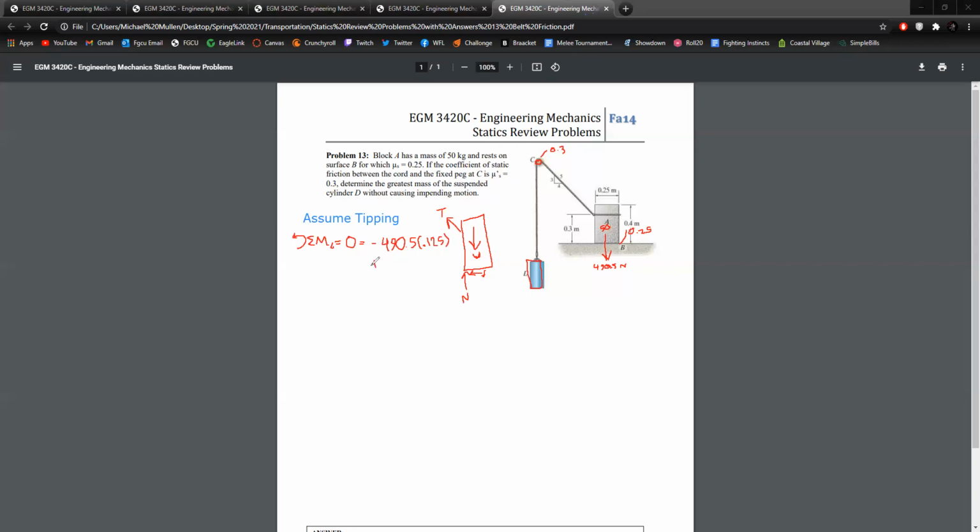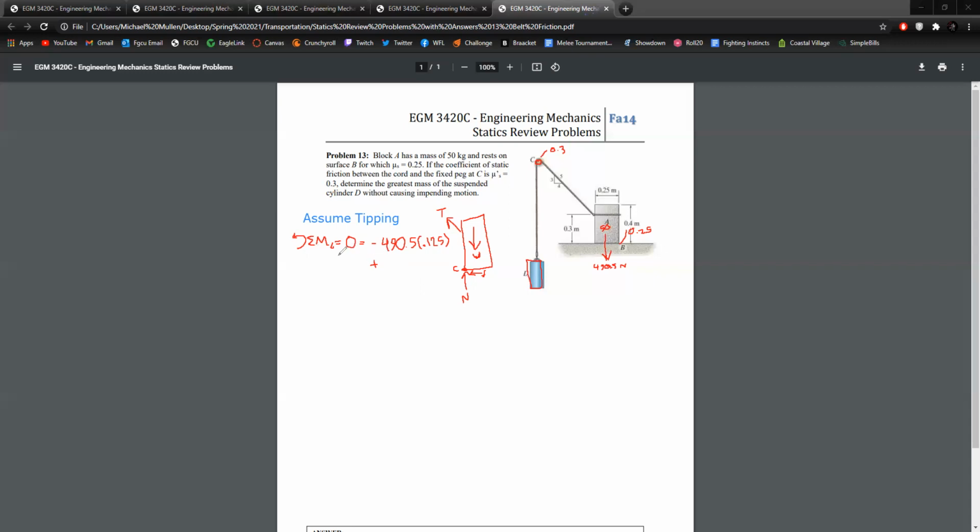And then we'll have plus the x component of our tension. The y component of our tension is going to pass through the point that we're taking the moment. I should label this as C. The y component of our tension is going to pass through C and not be included in our moment equation.